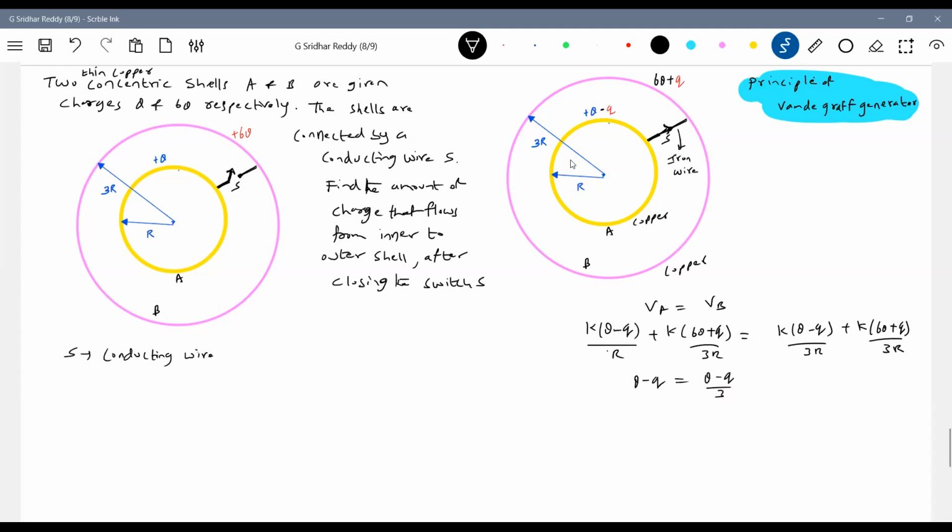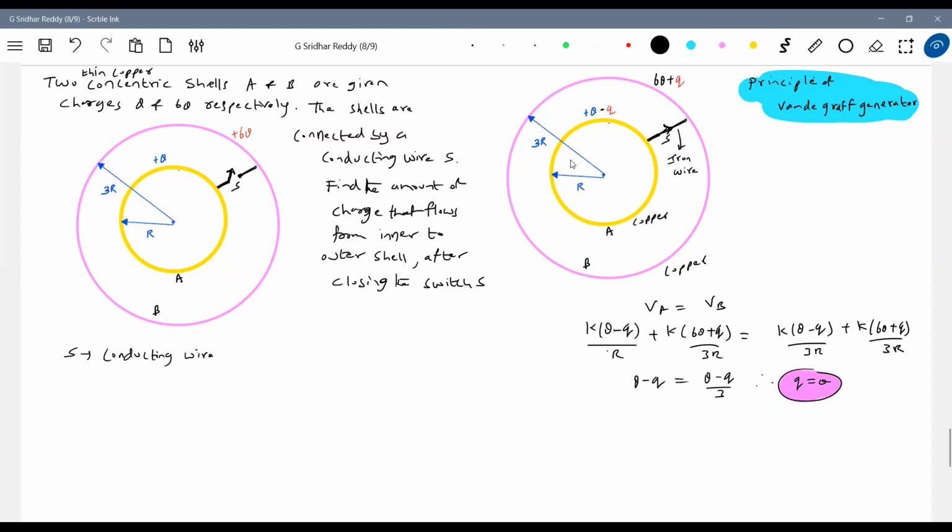When will this be valid? This will be correct only, mathematically, when small q equals capital Q. If small q equals capital Q only, then this equation becomes valid, no?